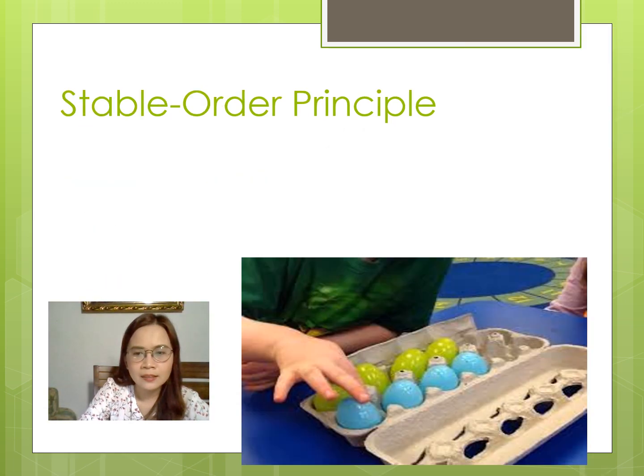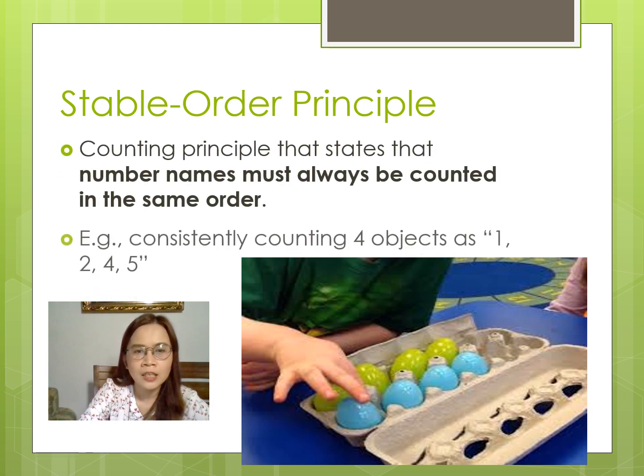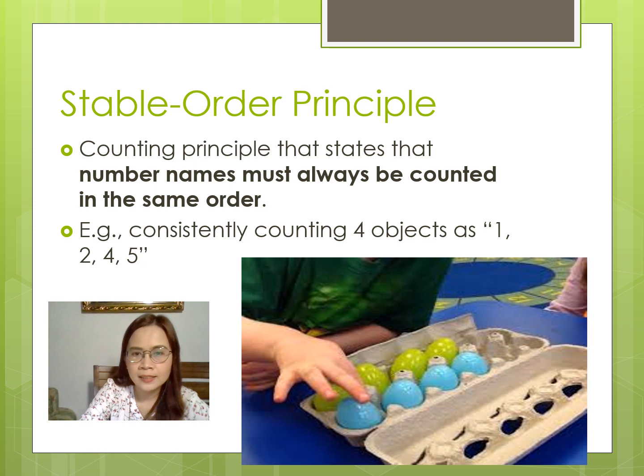Okay, the second principle is the stable order principle. So, the counting principle that states that number names must always be counted in the same order. So, pag nagbilang sila, sunod-sunod. Merong order and stable, consistent. 1, 2, 4, 5. So, even though alam nating may kulang, at least sunod-sunod siya.